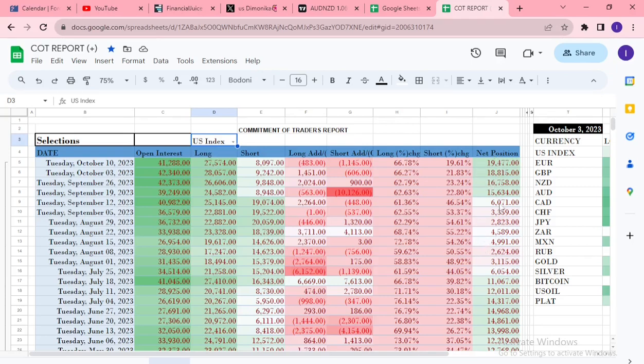So USD is going up while euro is coming down. It means the institutions are buying more of the USD than the euro.